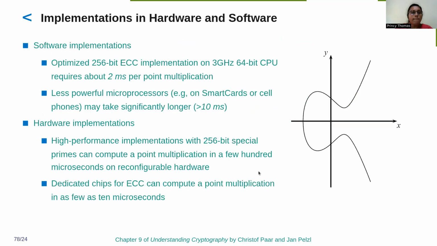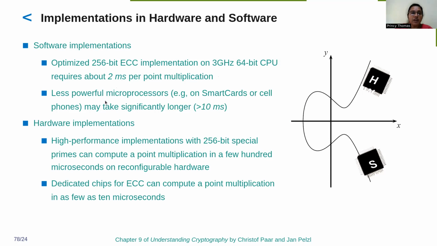Now the software implementation is slightly less efficient, but still much better than any other algorithm. So optimized 256-bit ECC, where 256 bits is the upper bound of the number of bits we are using, implemented on a 3 gigahertz 64-bit CPU requires 2 milliseconds per point multiplication.